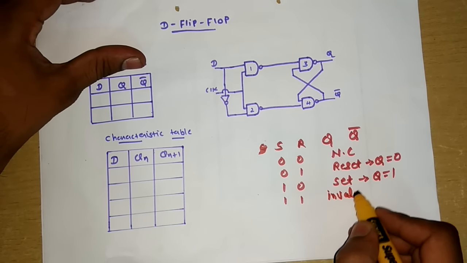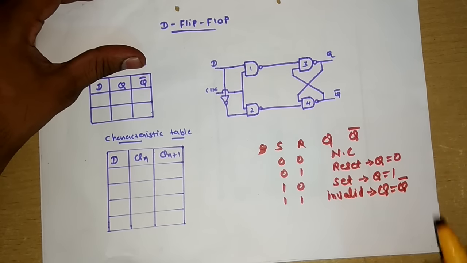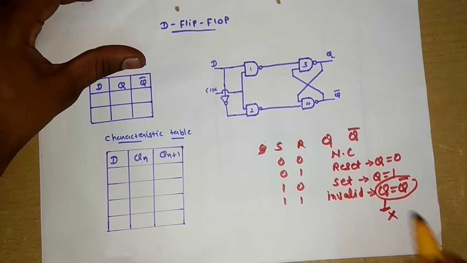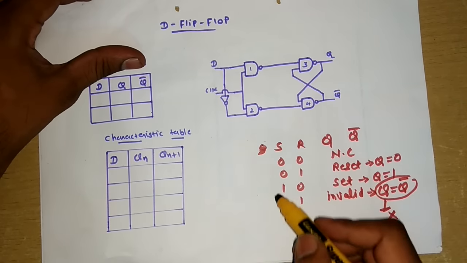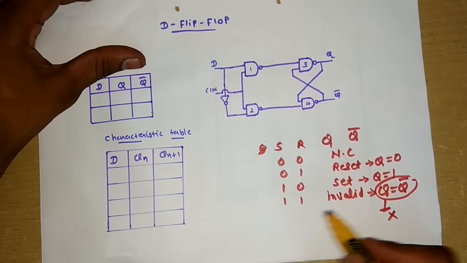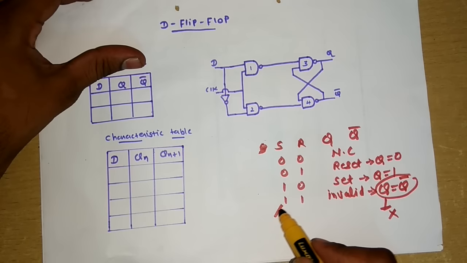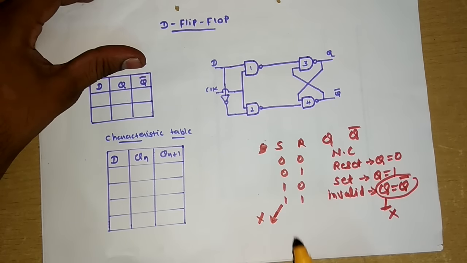So this is invalid state because Q becomes equal to Q bar, and this condition is not valid in digital electronics. Q must be opposite of Q bar. Fine. So to avoid this invalid condition, we see that this invalid condition is not at all useful in our case, right?